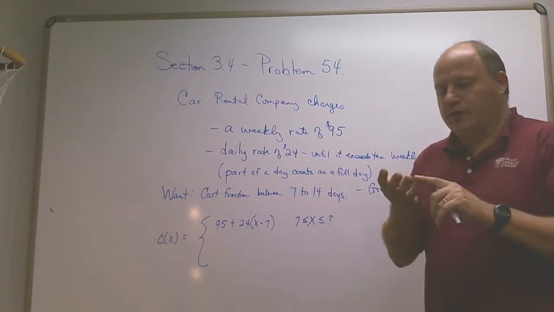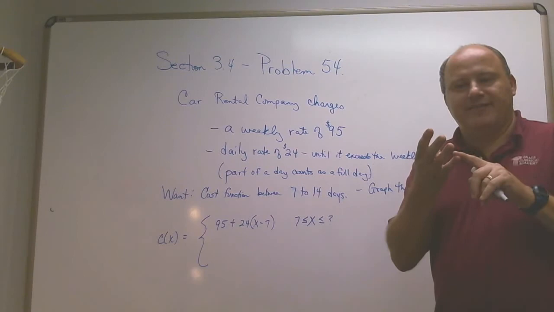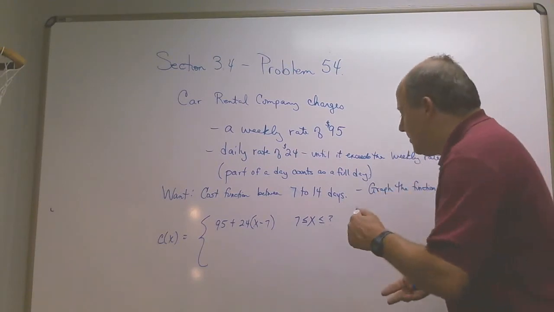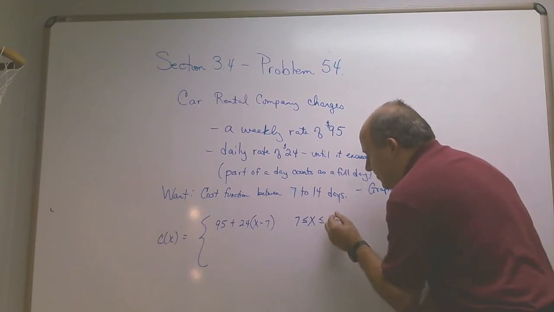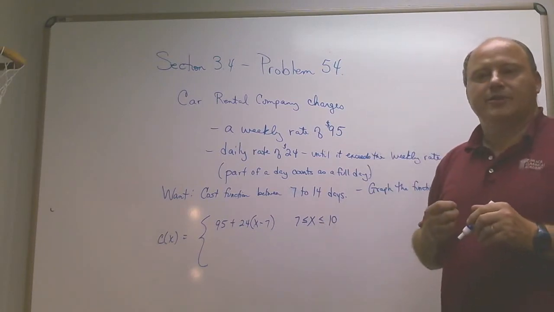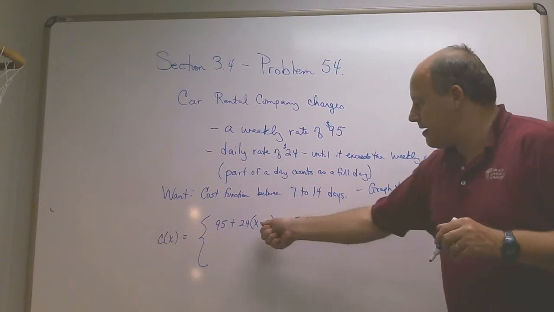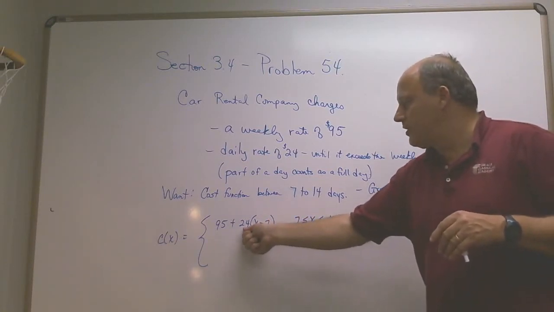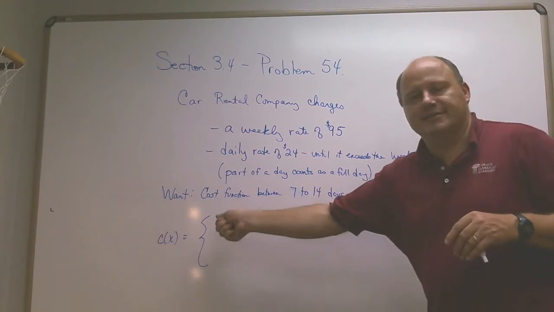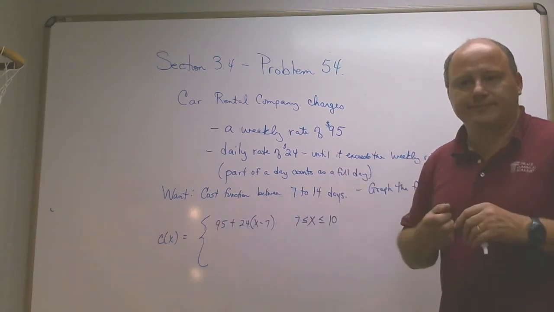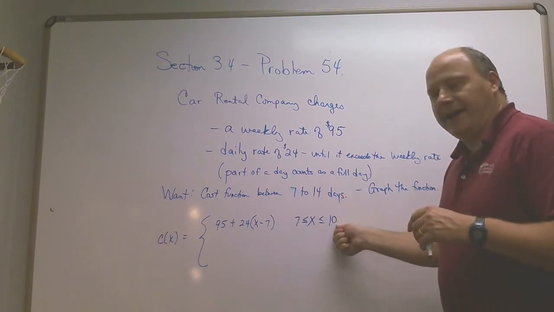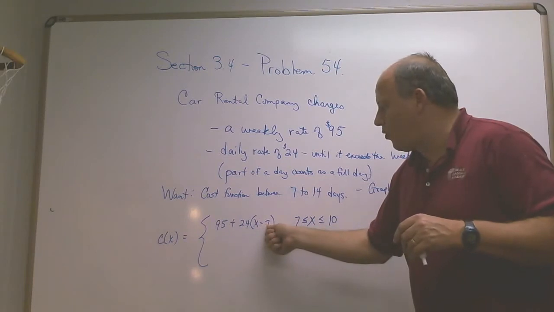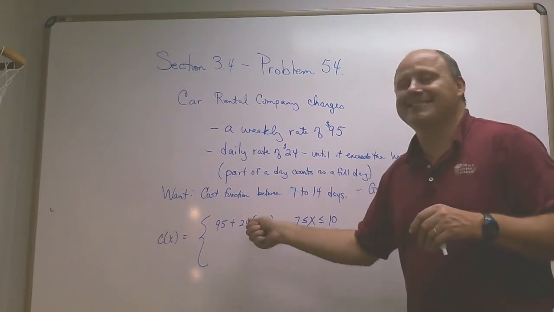So between 7 and 10, you're going to get charged 10 minus 7 is 3 extra days, and then 3 times 24 is 72, and then 72 plus 95. But on that 11th day, 11 minus 7 is 4, and then 4 times 24 is $96.